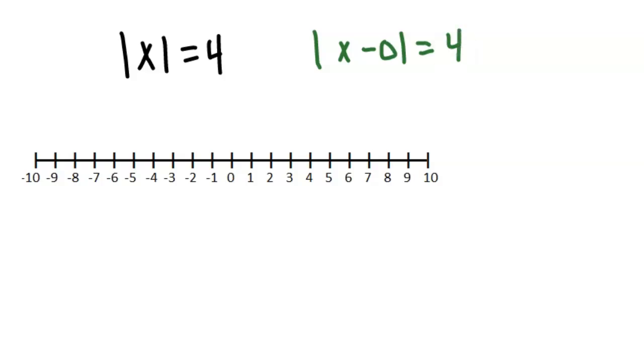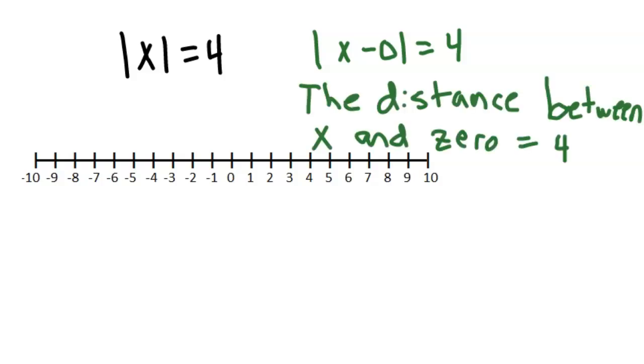So that literally translates to this: the distance between x and 0 equals 4. Here's 0, and the distance between x and 0 is 4. Well, 4 units away would be here at 4, and also at -4. So your distance is 4 away from 0 in both directions.